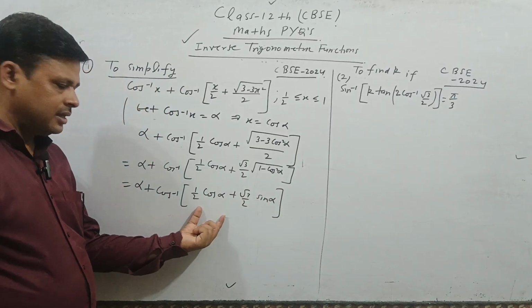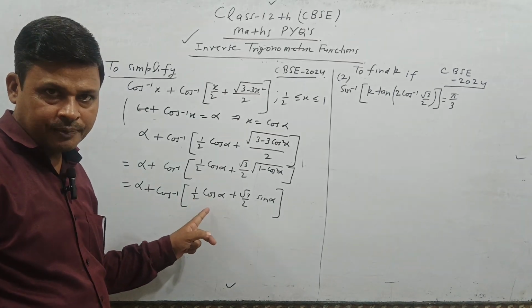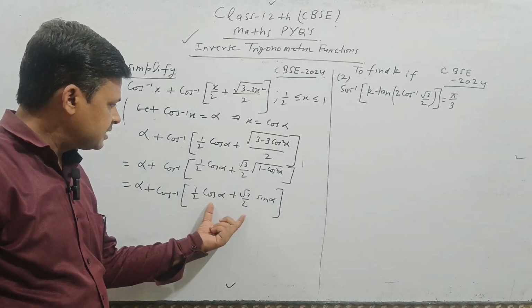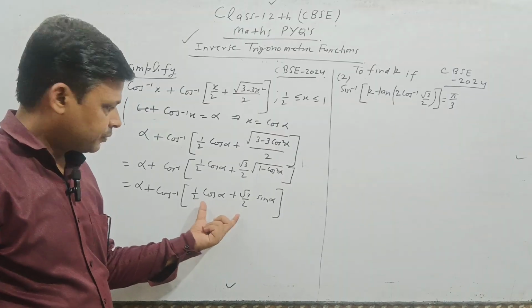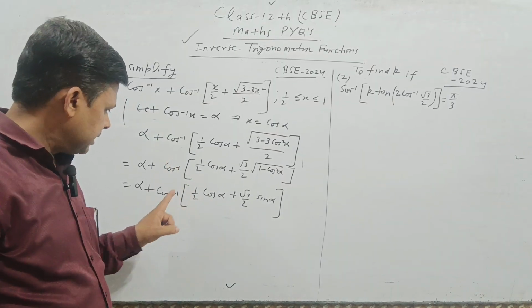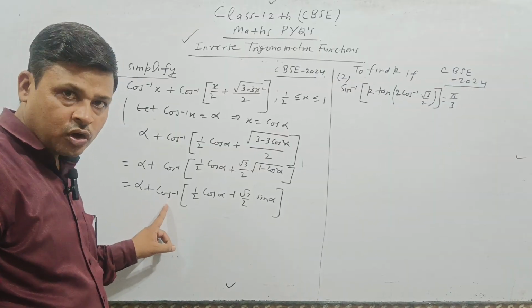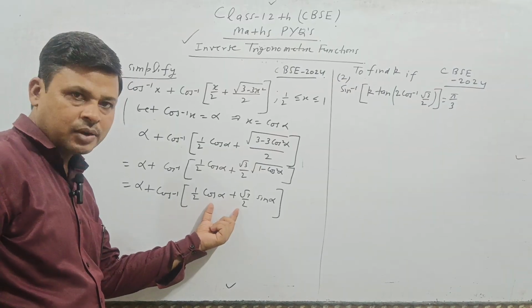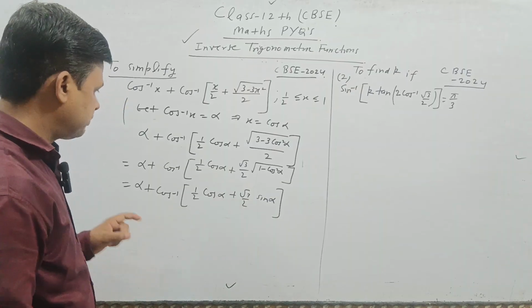Now you can see that we are able to change this term into a formula. But here is cos inverse, so it will be favorable for us to make the inside a formula for cos. So what we have to do?